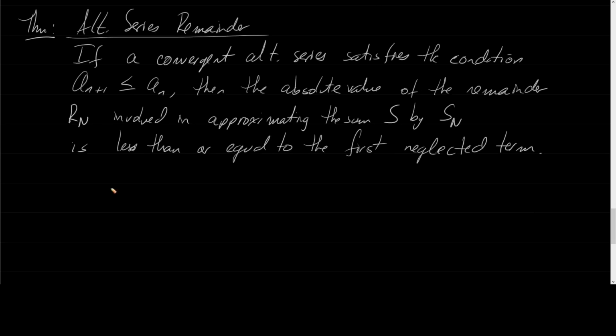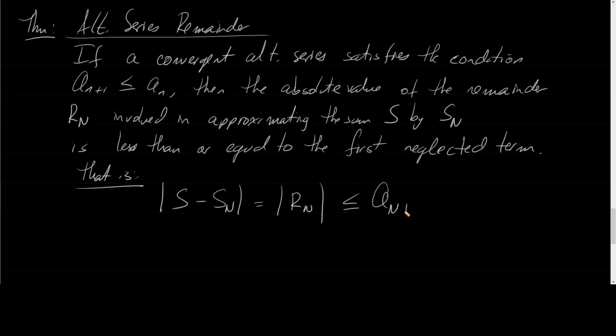What I'm saying here is if I take the actual sum and I subtract the partial sum, that difference, we're going to call that difference the remainder. And that remainder is going to be less than a sub n plus 1, where a sub n plus 1 is the very first neglected term from our partial sum.